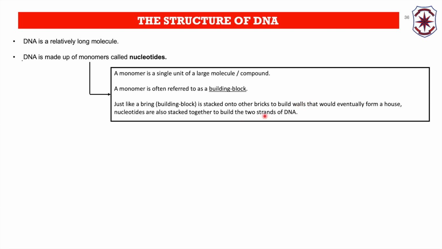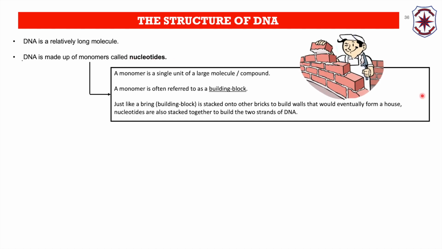All right, so like I was saying, DNA being a large molecule, it cannot just exist as being large. It needs to be built to be large, okay? So it is built from building blocks that are called nucleotides. The term monomer means a single unit, a building block, and those monomers are called nucleotides.